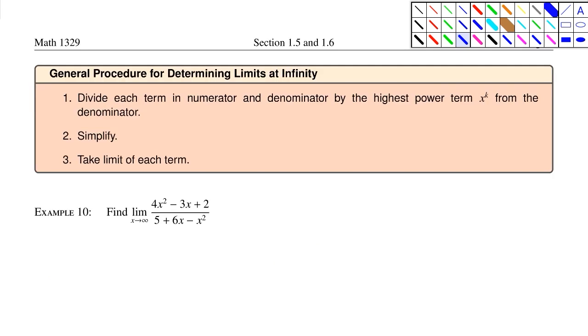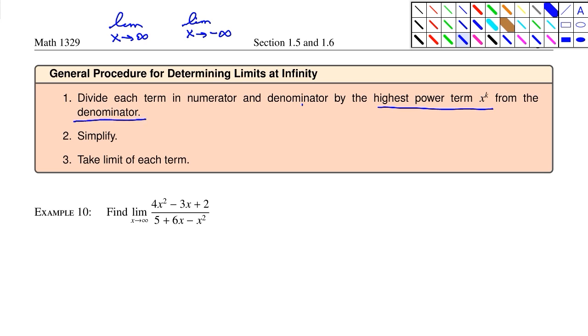Let's take a look at the procedure for determining limits at infinity. This process works for both the limit as x goes to positive infinity and the limit as x goes to negative infinity. First, you want to divide each term in the numerator and denominator by the highest power term, x to the k, from the denominator.